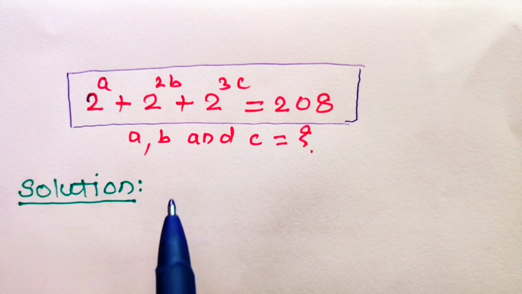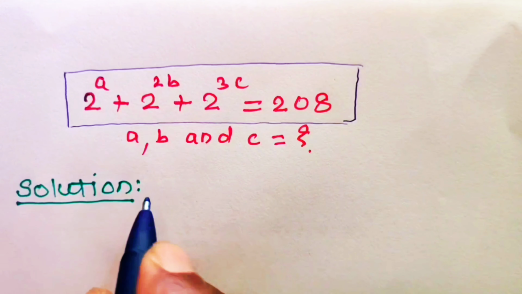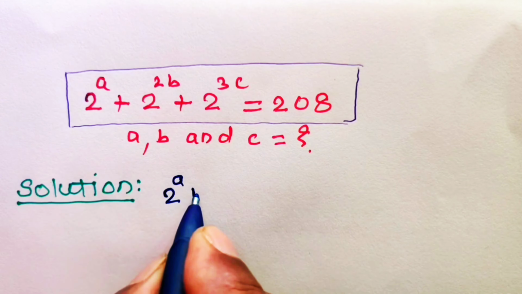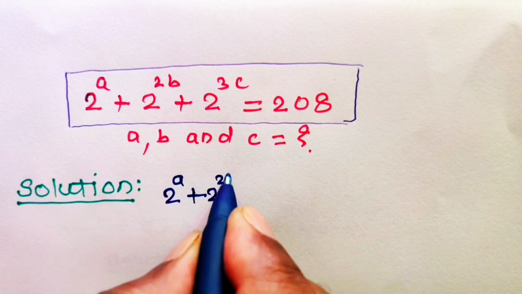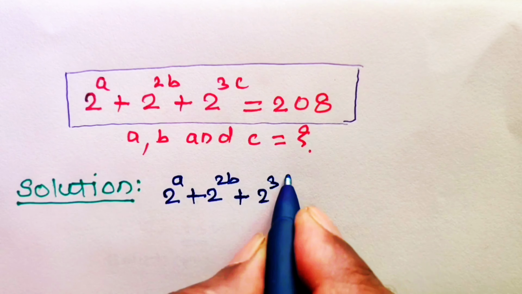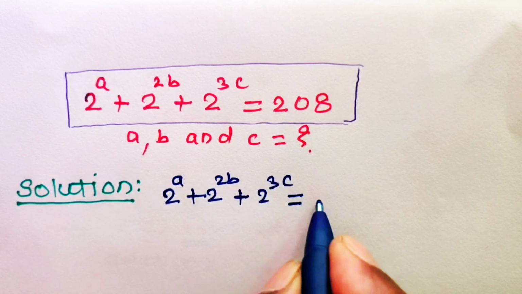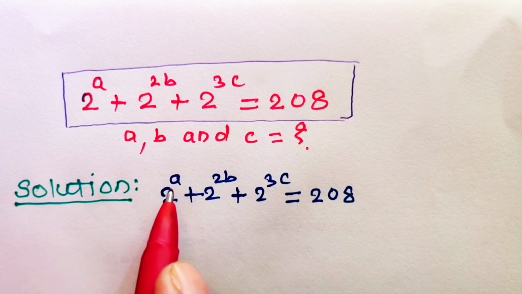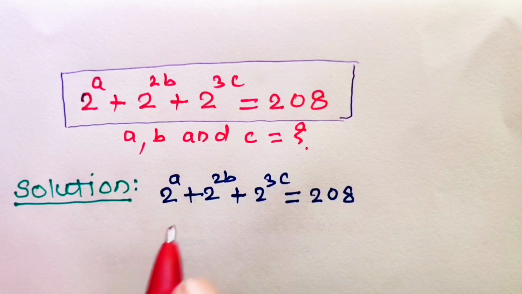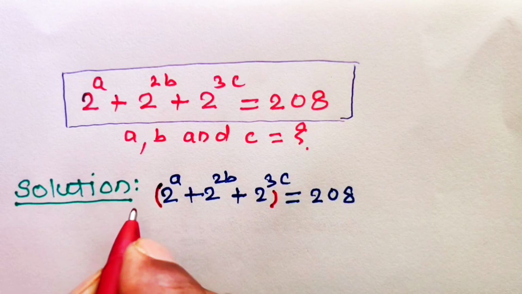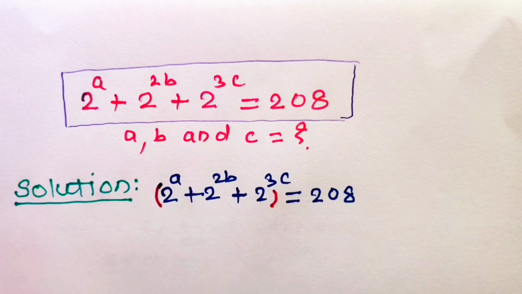So to solve this sum, the given equation is 2 to the power a plus 2 to the power 2b plus 2 to the power 3c is equal to 208. Now we have to take 2 to the power a common from the left hand side, which means we have to divide and multiply the left hand side by 2 to the power a.